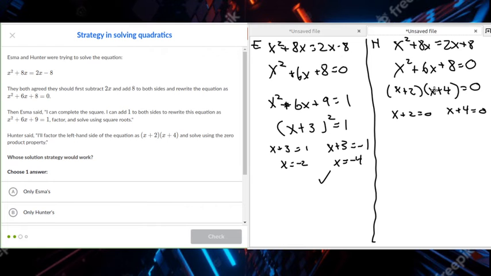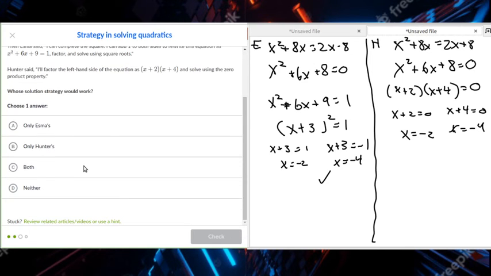Either this is 0 or this is 0. A times b equals 0, one of them is 0, right? So x is equal to negative 2, or x is equal to negative 4. Whose solution strategy would work? We're going to go with both. Both look like they're good. Put my check mark here.